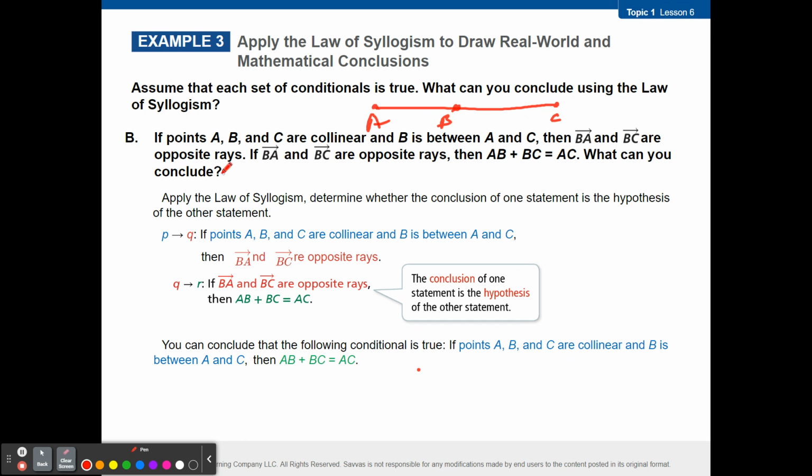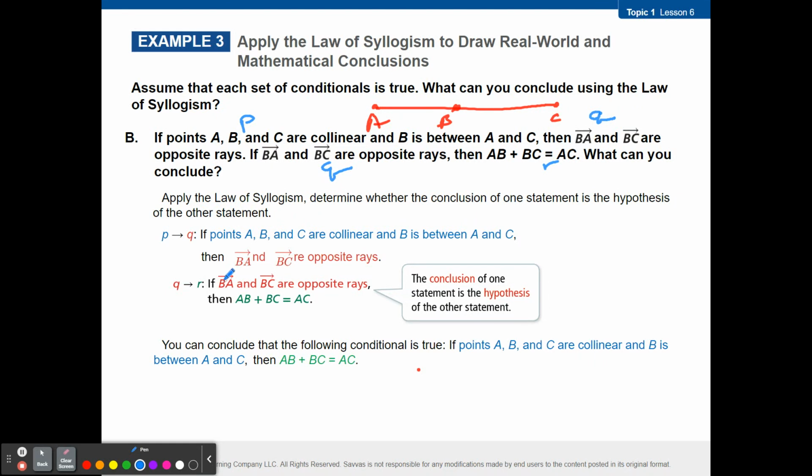What can you conclude? First conditional, okay? So again, here is our P, here is our Q right here. And then this Q takes over for the second one, and then there's our R. So our first conditional, if points A, B, and C are collinear and B is between A and C, then ray BA and BC are opposite rays.